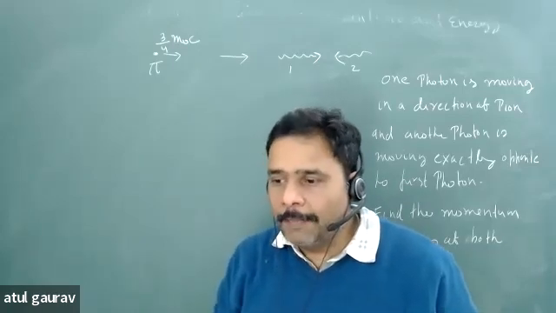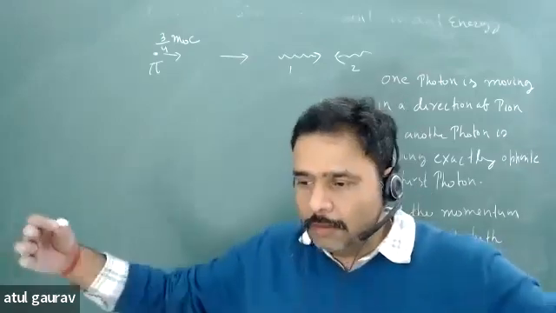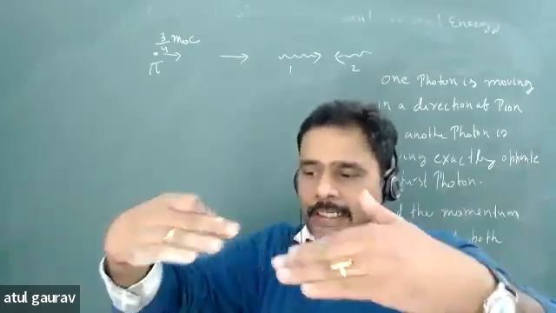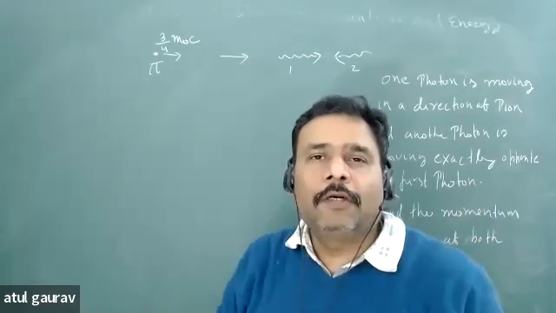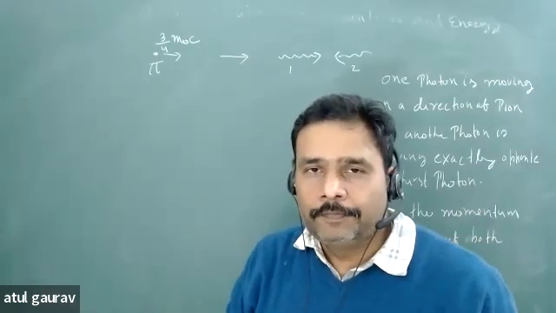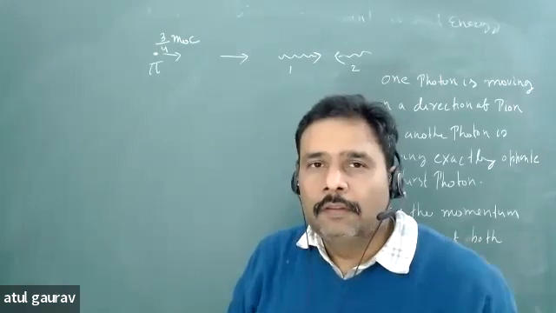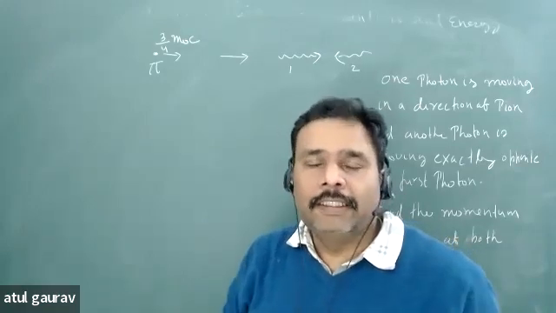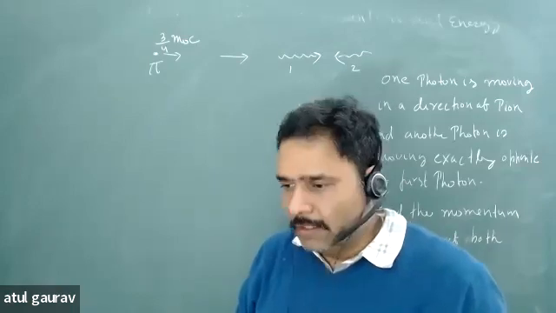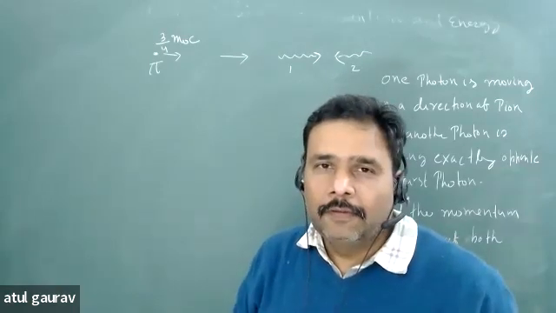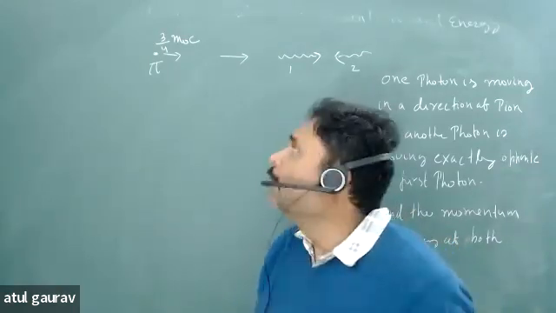So is that going to happen? If both have the same momentum in opposite directions, what will be your combined momentum? 0. But what should your combined momentum be? 3/4 m naught c.